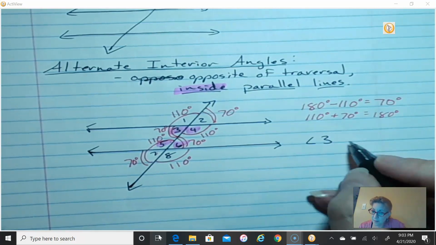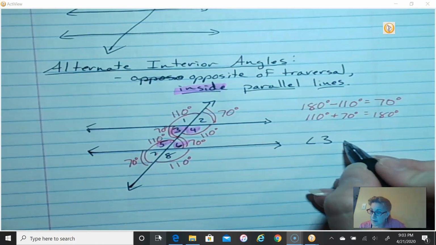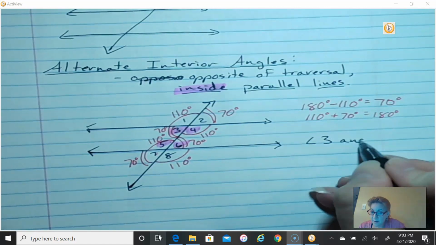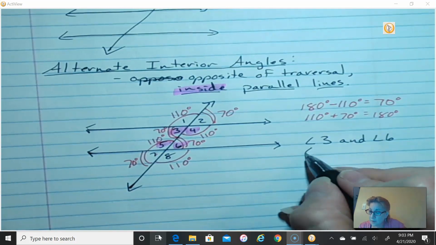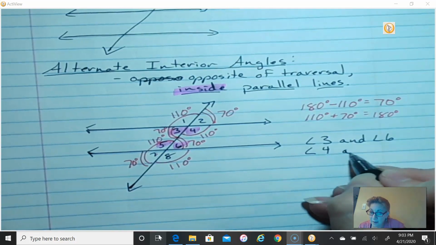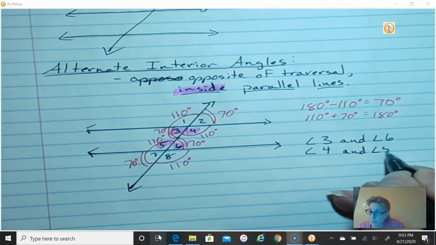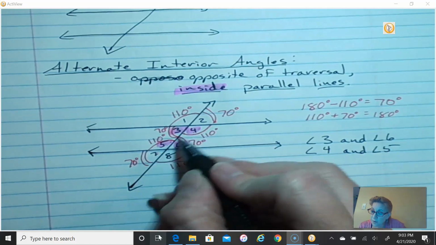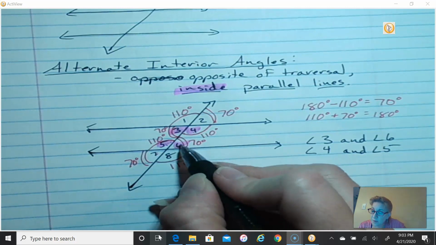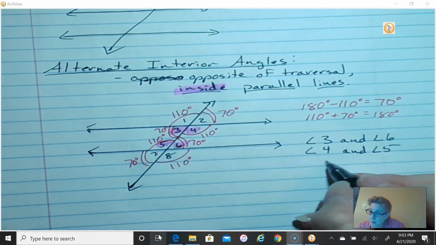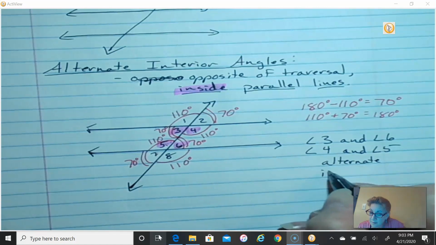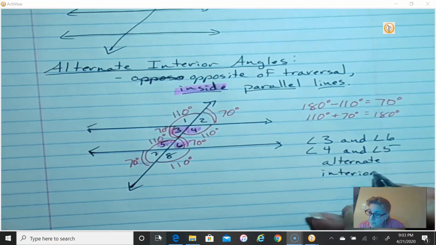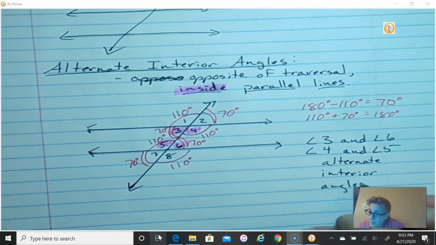Angle 3 and angle 6. Angle 4 and angle 5. Angle 4 and 5 and 3 and 6, they're alternate interior angles.